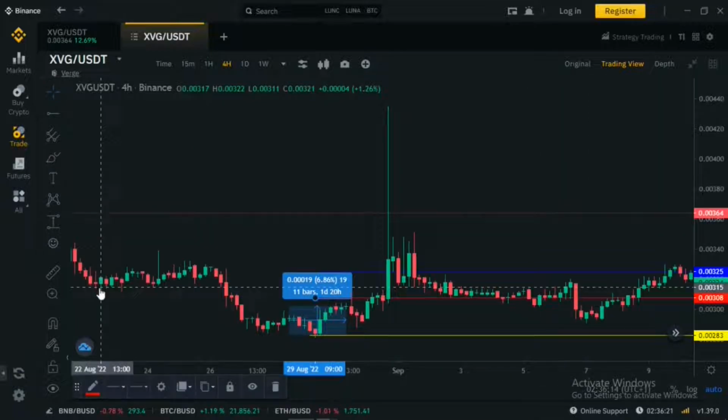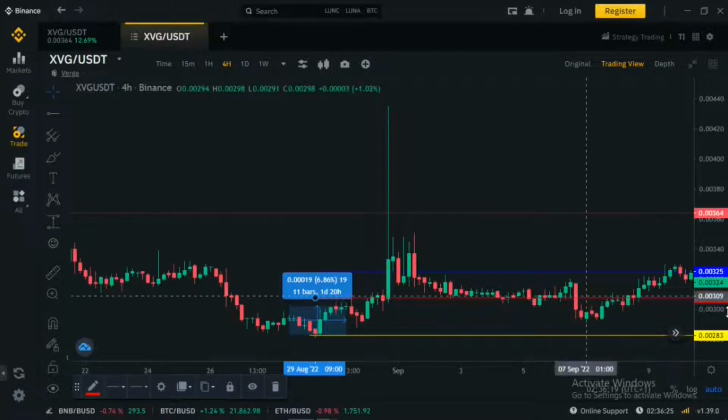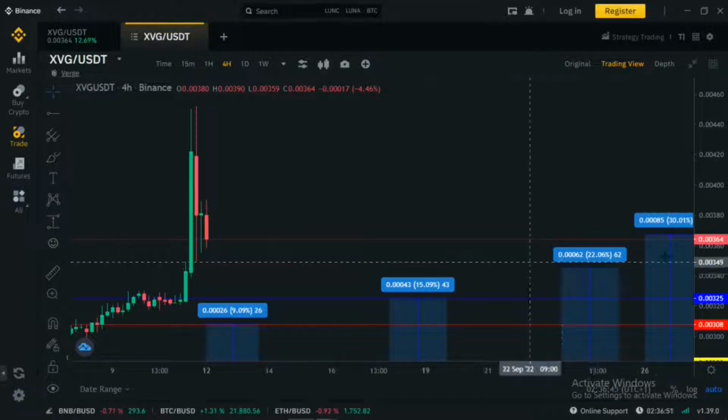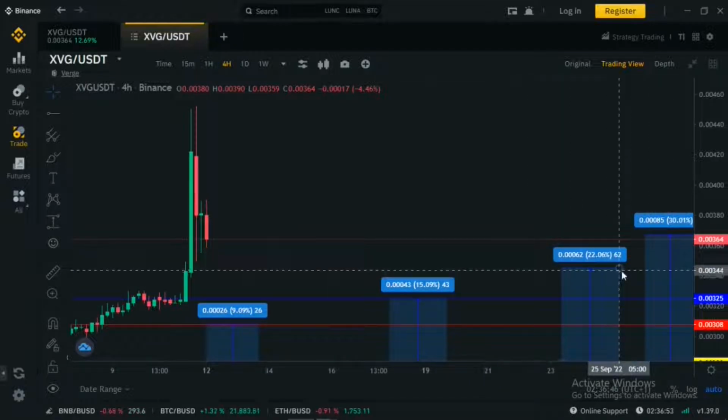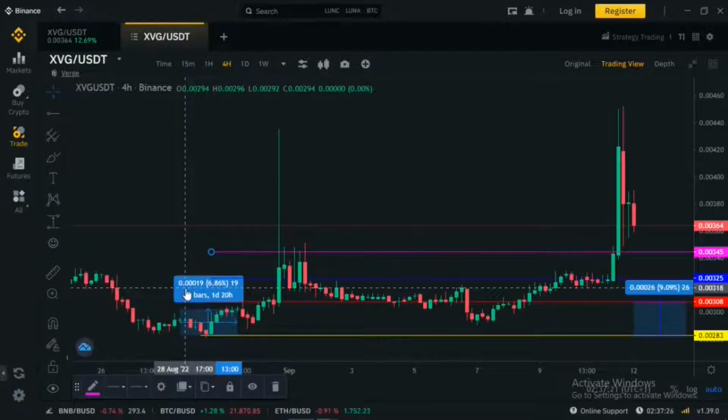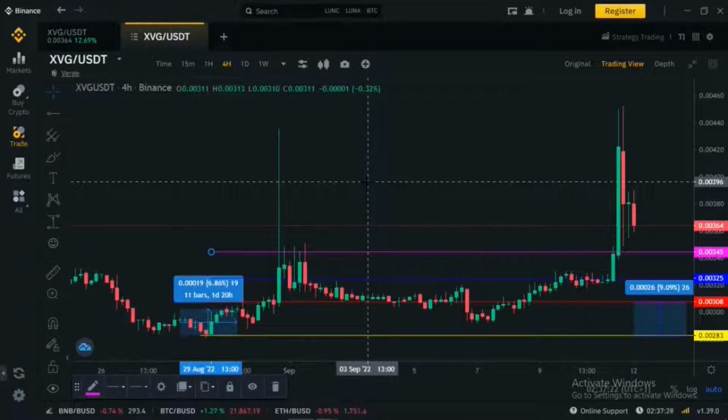And then I used the red horizontal line to indicate my stop loss price, which is 0.00308. And my safety price was at the 22% of the most current bullish trend section. And then I used the pink horizontal line to indicate my safety price.